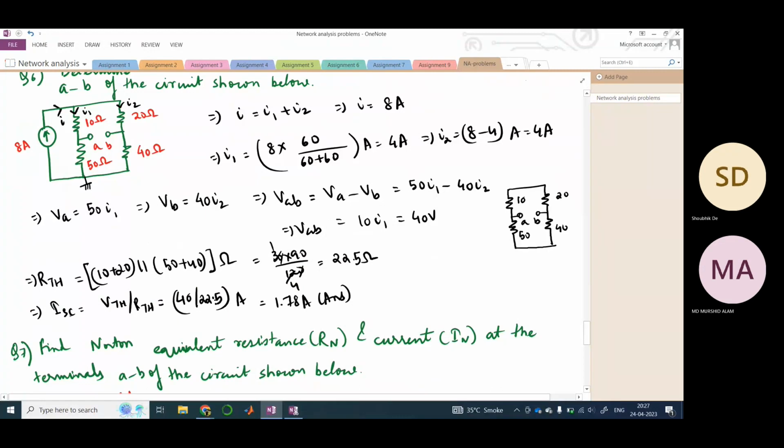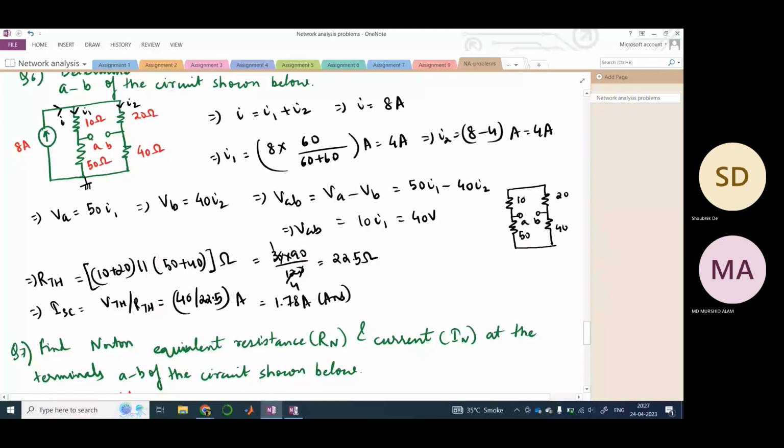You can also find out ISC by shorting these two terminals here, right? And then you can apply KCL or KVL maybe. Not KCL, I prefer KVL to be better if you short these two terminals.